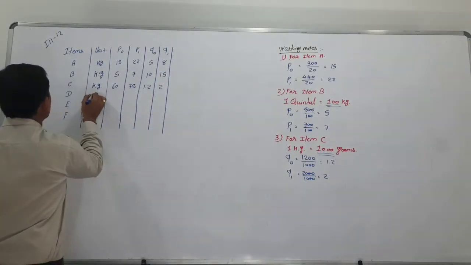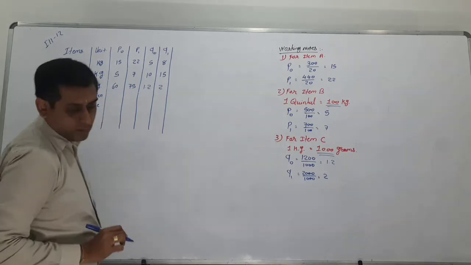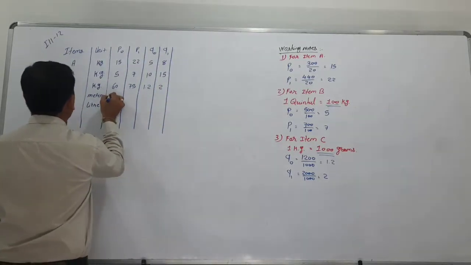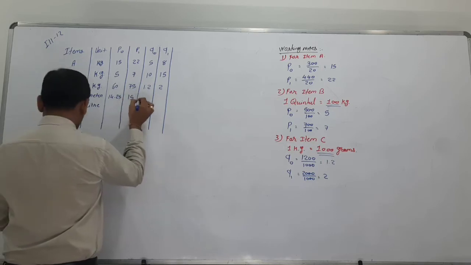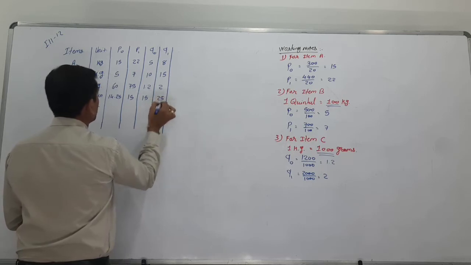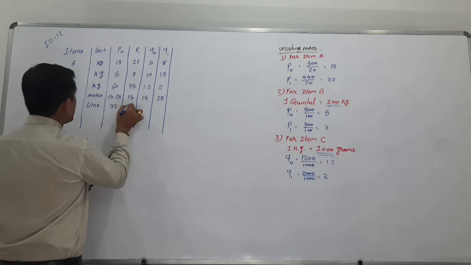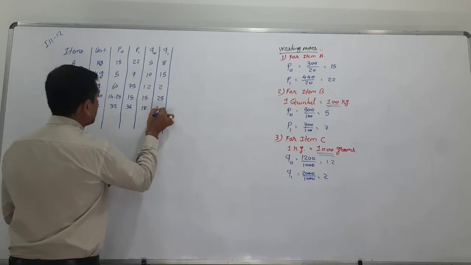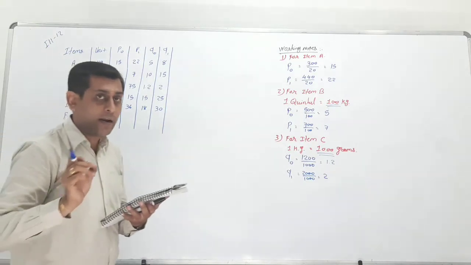Meter, here liter. Now 14.25, then 15, then again 15, then 25. Next liter, 32, 36, 18 and 30. See, there is no change in meter and liter.